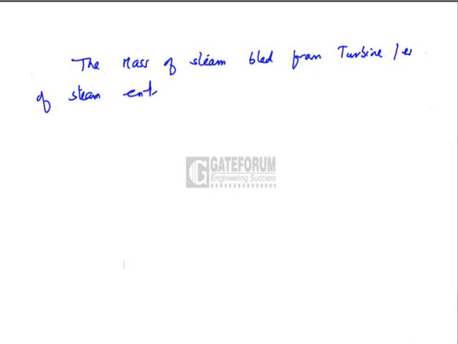So, the mass of steam bled from turbine per 1 kg of steam entering turbine from boiler is calculated.